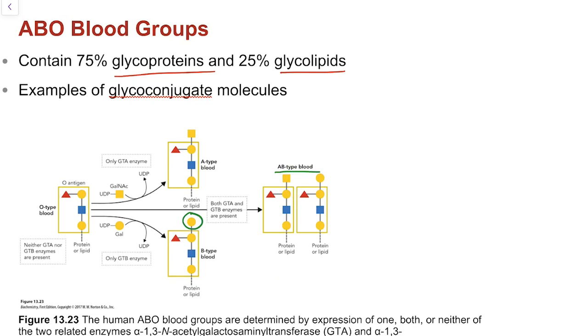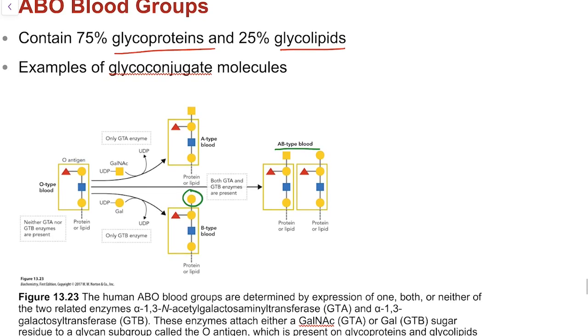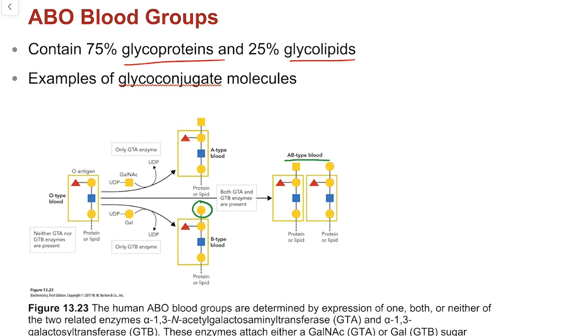Another function, or importance, of these oligo or glycoconjugates, some of them oligosaccharides or polysaccharides, comes in with our ABO blood typing or ABO blood groups. So here, about 75% of this contains glycoproteins and another 25% glycolipids. And these are going to then be examples of these glycoconjugate molecules. So shown on the left is our O antigen, and you can see our sugar code with those different symbols.